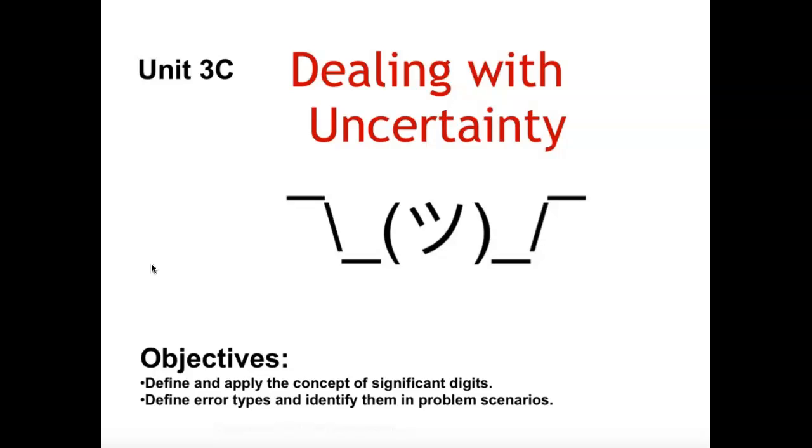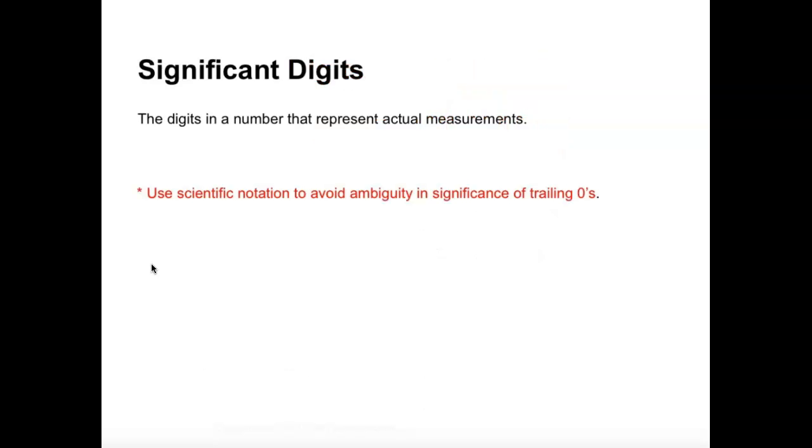All right. So we'll start with that. Significant digits are the digits in a number that represent actual measurements.